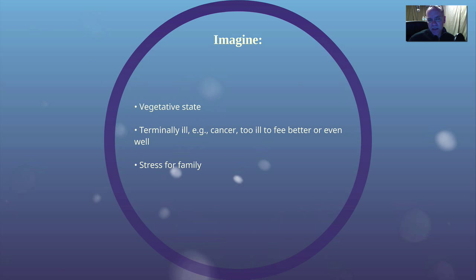But it also could be you or a loved one suffering from a terminal illness that there is no realistic hope of surviving, and cancer comes to mind. The illness is so bad that you are too ill to feel better or even well.